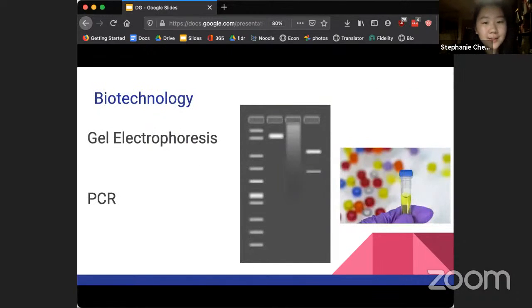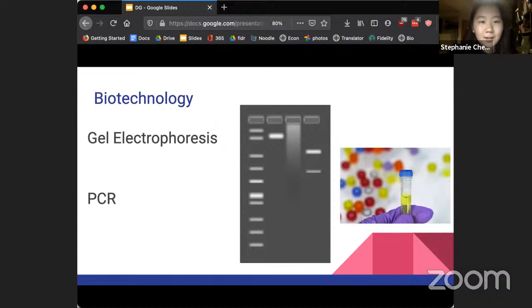So basically next is biotechnology. And I just wanted to cover 2 subjects briefly, which are gel electrophoresis and PCR, that are pretty essential in understanding most of the biotech things that we have to cover in genes.